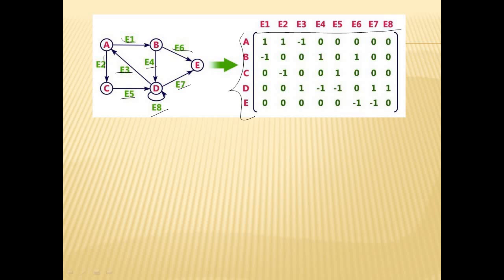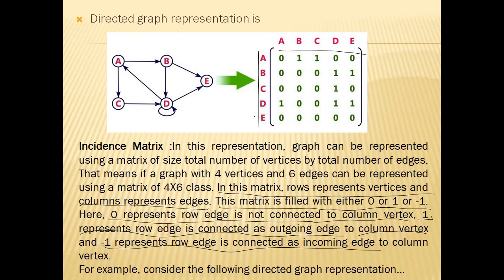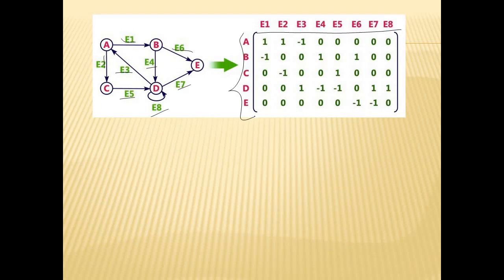Yes. In or out? Out. So 1 represents the row's edge is connected as an outgoing edge. Here it is an outgoing edge, so we represented 1. Next E2 edge. E2 edge is here. So A, is it connected with E2 edge?